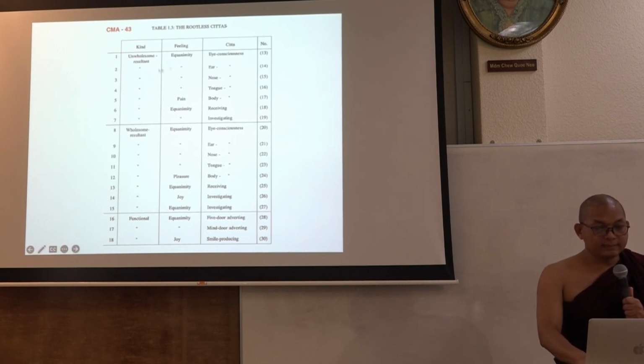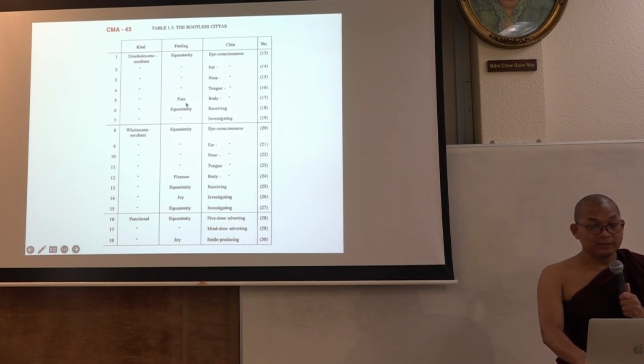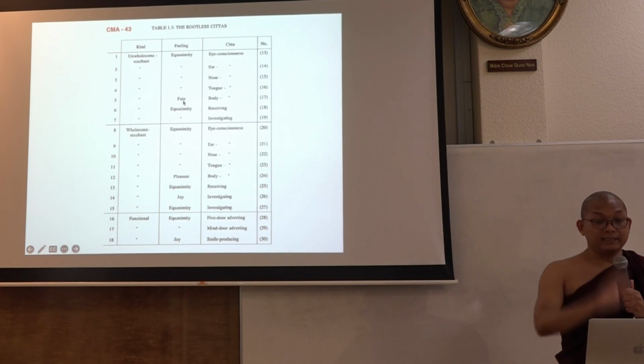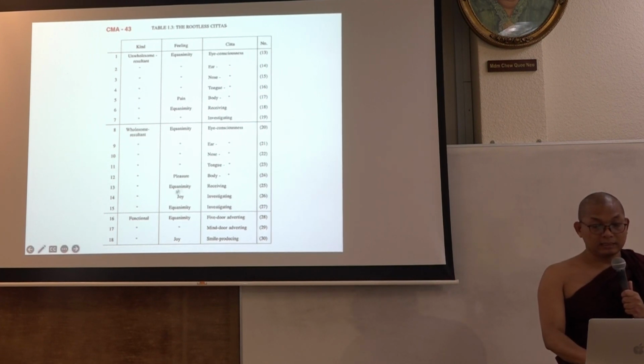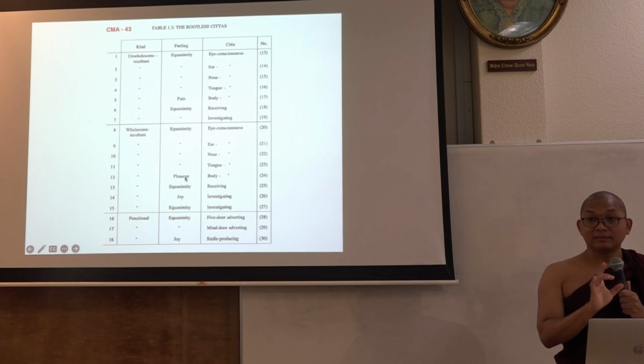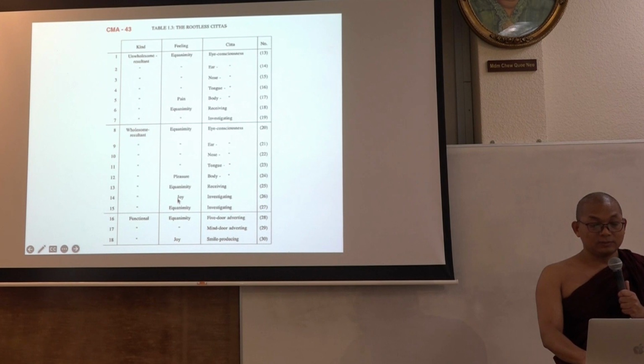Here you can see that most of them are equanimity feeling, right? Upekkha. So we will have 1 pain feeling, 1 pleasure feeling, and 2 joy feeling here. 1 here, investigating consciousness accompanied by joy.